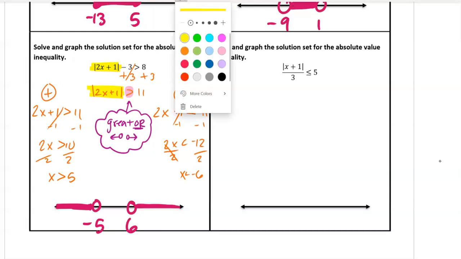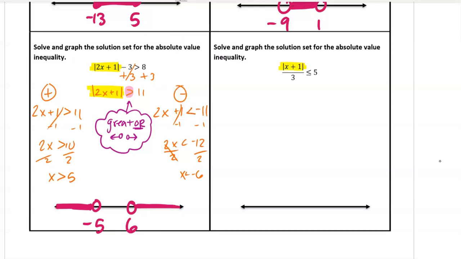All right, next one. We need to isolate the absolute value. How do we get rid of the denominator? It's being divided, so we need to multiply. 15 is a positive number, so we have two solutions here, positive and negative.